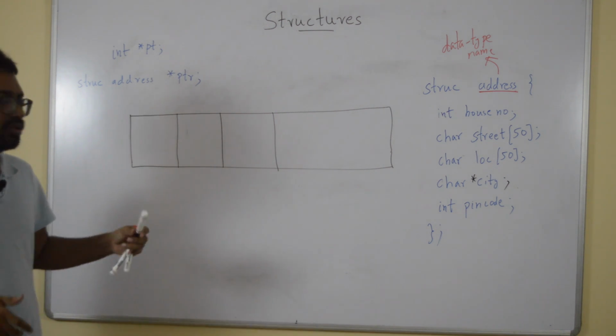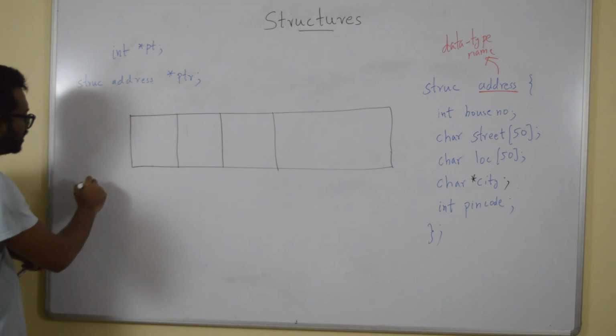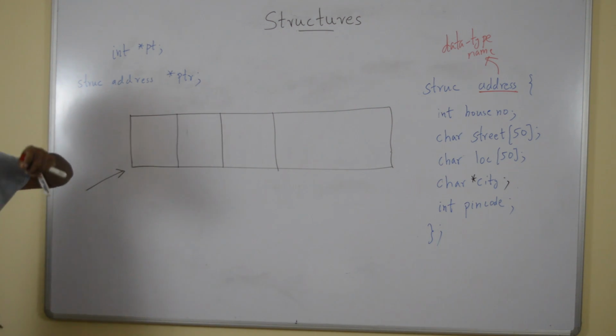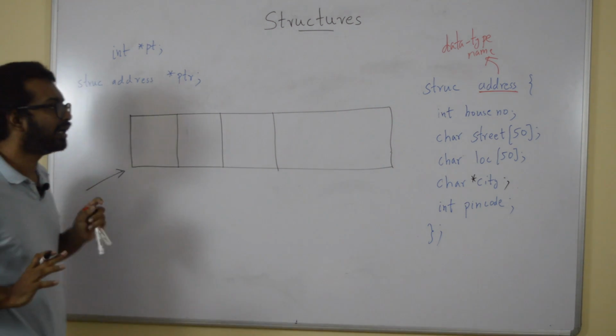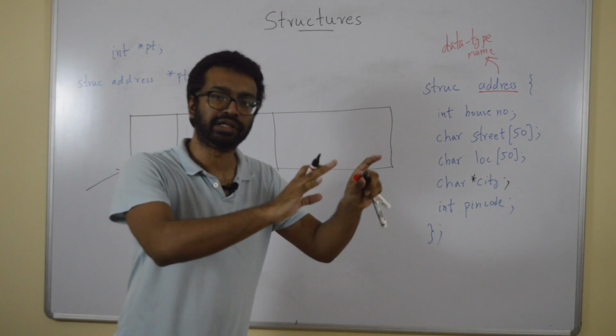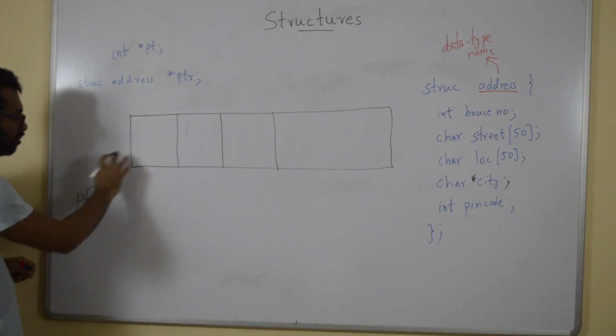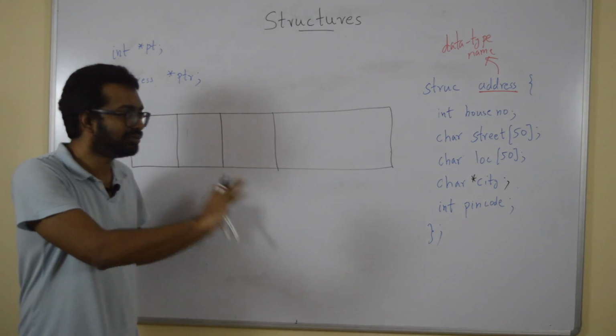Okay, so the memory is going to look like this. ptr is pointing to an address data, right? So ptr is pointing here. And how will this memory look like?